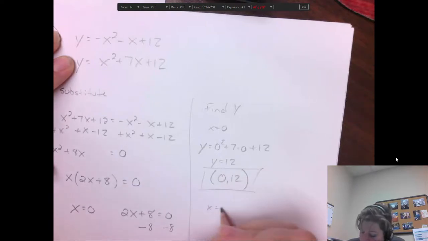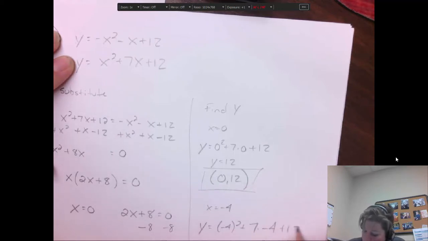For x equals negative 4, you would have y equals negative 4 squared plus 7 times negative 4 plus 12. Well, negative 4 squared is going to give us positive 16. 7 times 4 is 28, but it's a negative 28 because positive times negative is a negative, plus 12.